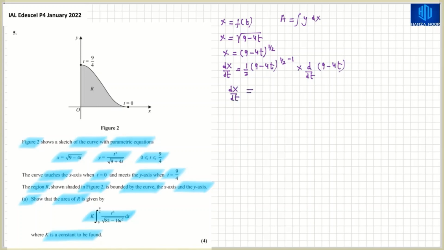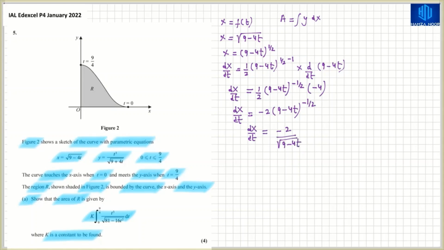So dx over dt equals half multiplied by (9 minus 4t) raised to the power minus half, multiplied by minus 4. Therefore dx over dt equals minus 2 multiplied by (9 minus 4t) raised to the power minus half, which is minus 2 divided by the square root of 9 minus 4t. This is the dx over dt function.